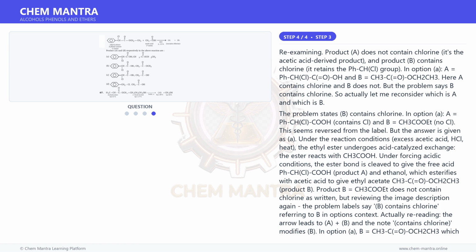Under the reaction conditions, excess acetic acid, HCl, heat, the ethyl ester undergoes acid-catalyzed exchange, the ester reacts with CH3COOH.